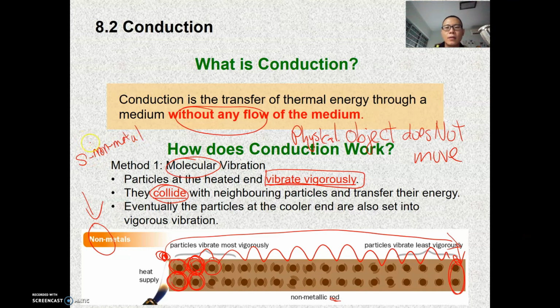This method, molecular vibration, also applies to liquid and gas. So method 1 actually applies to all media: solid, liquid, gas. For non-metal solids, the primary mode will be molecular vibrations.